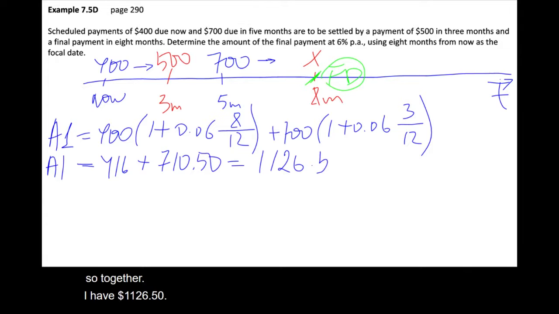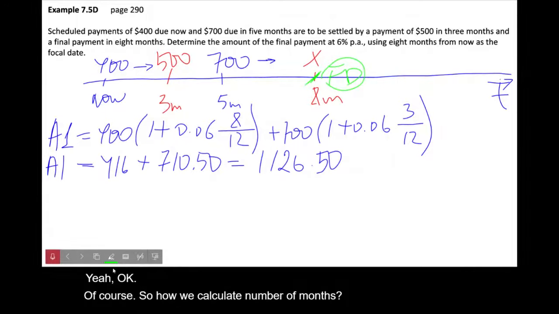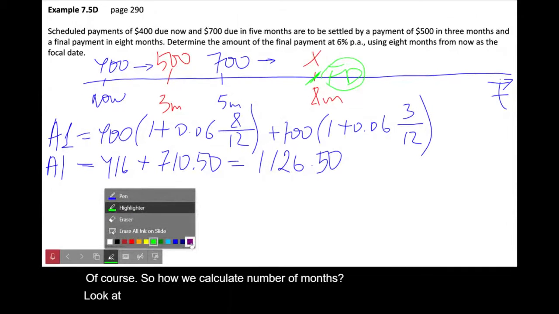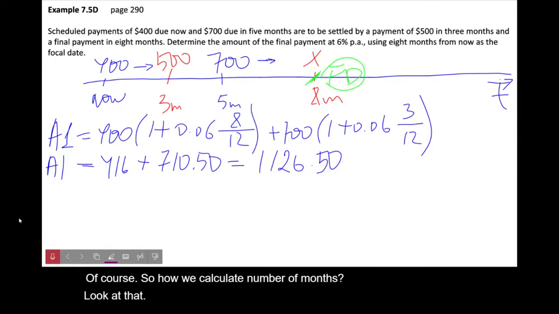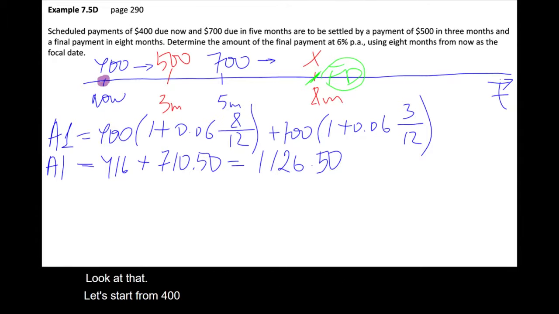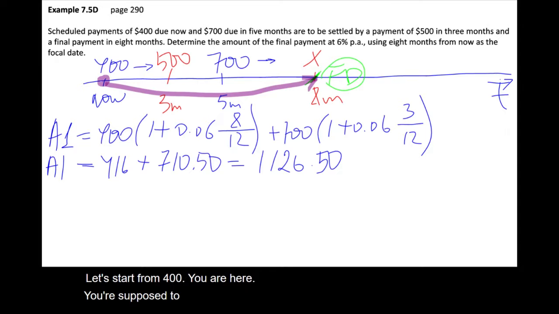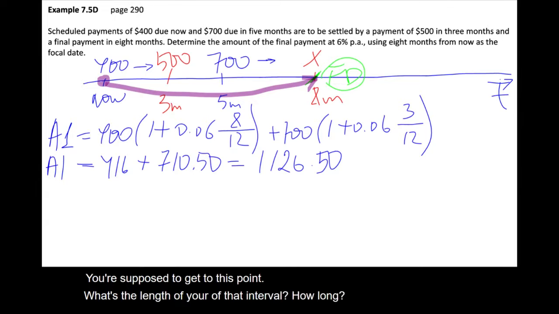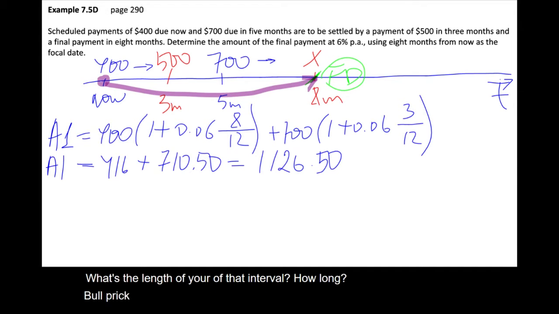Yeah, okay. So how do we calculate the number of months? Look at that. Let's start from 400. You are here. You're supposed to get to this point. What's the length of that interval? 8 months.